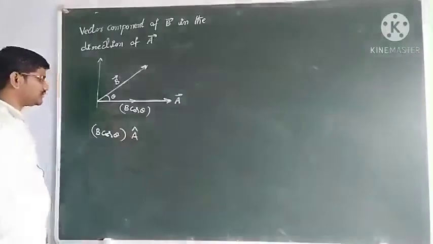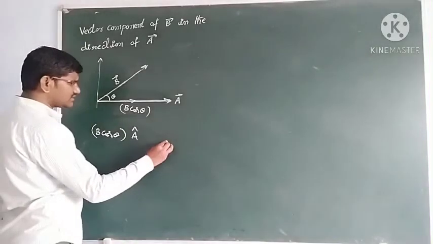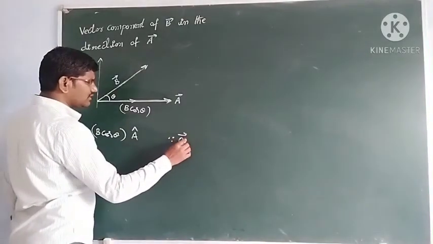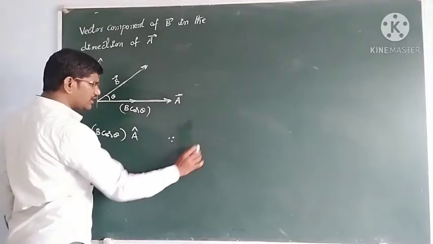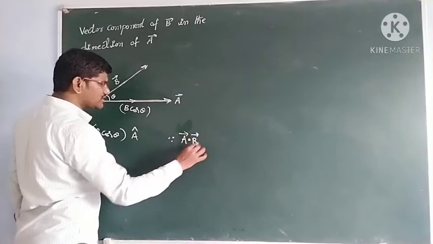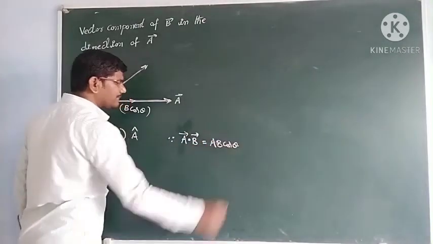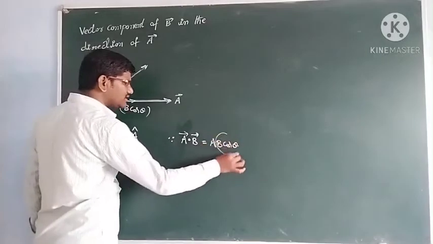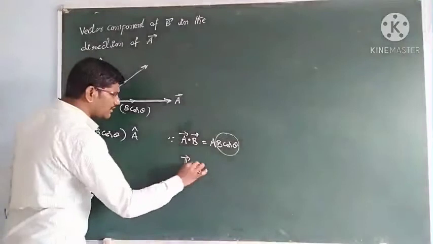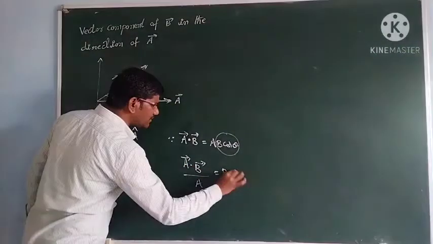Okay, students, and what do we know? Since A bar dot B bar is equal to A B cos theta, and here make B cos theta the subject. So then what will you get, students? A bar dot B bar by A is equal to B cos theta.